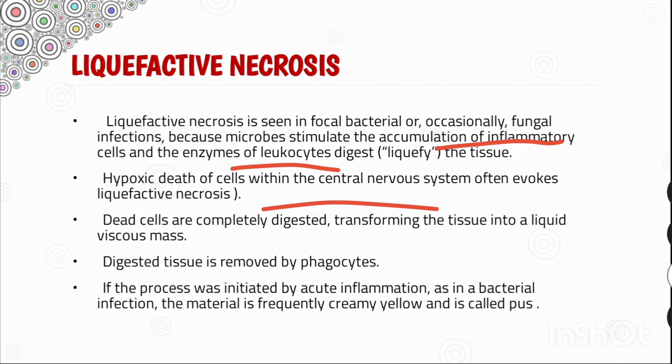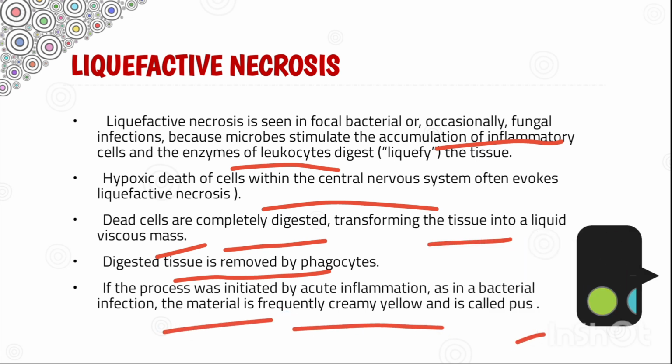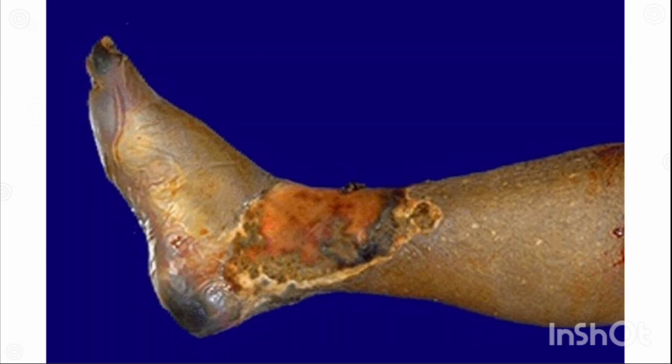The hypoxic death of cells within the central nervous system often evokes liquefactive necrosis. Thus, dead cells will be completely digested and transformed into a liquid viscous mass, and this digested tissue is removed by phagocytes. If the process was initiated by acute inflammation, like bacterial infection, then it will lead to pus formation.